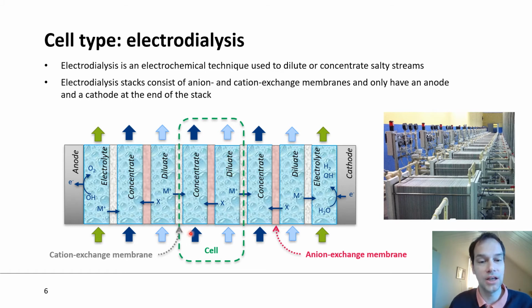And the opposite applies here: if you go through the cell, the anions go into that stream, and the cations go into that stream. So you concentrate this stream. That is related to the fact that these membranes are ion selective. And that is so electrodialysis can, for example, be used to make clean, potable water from brackish water.